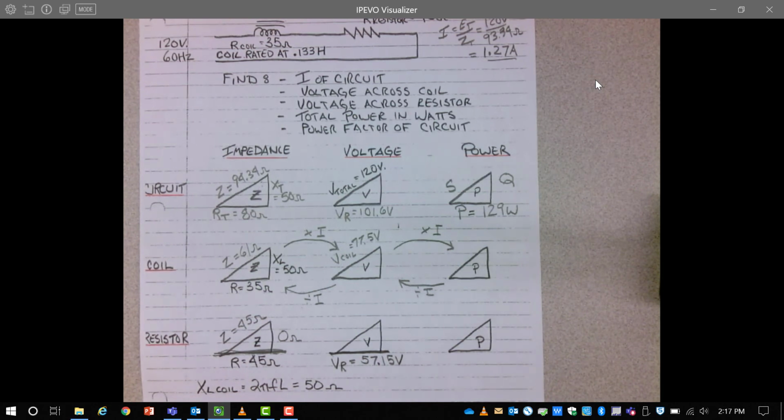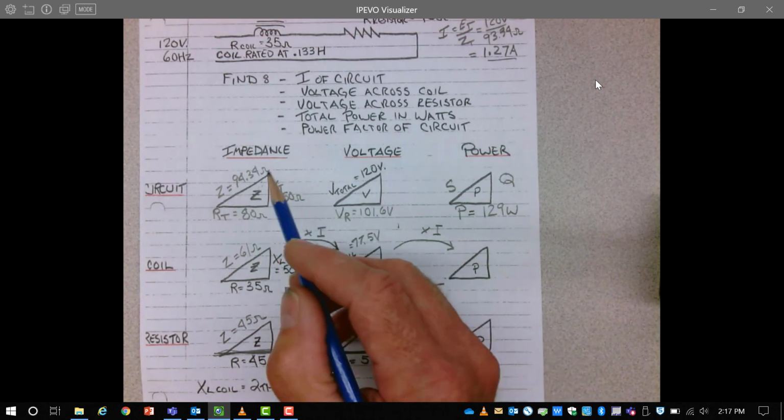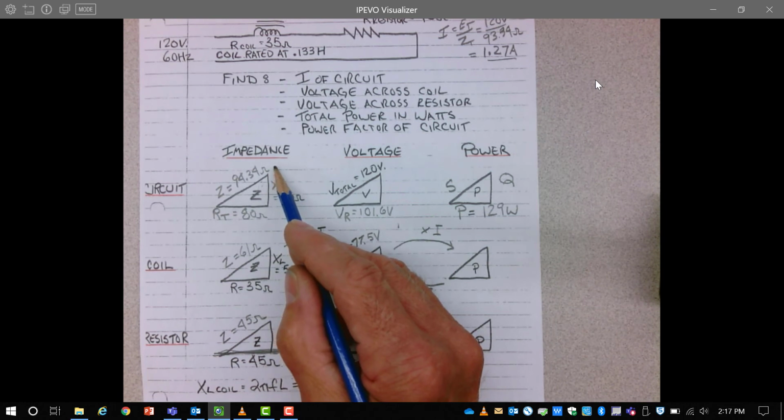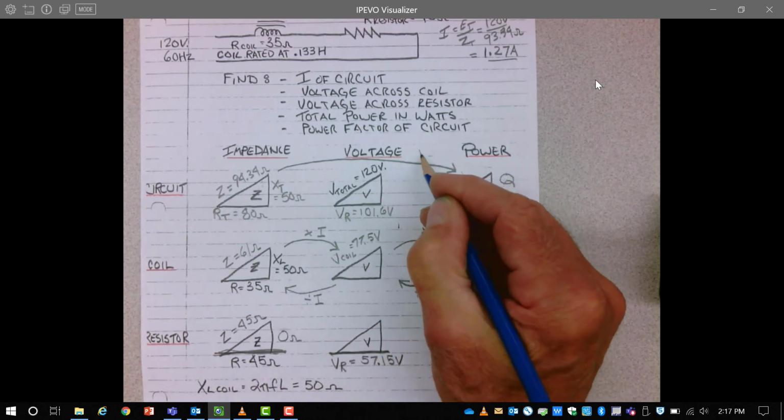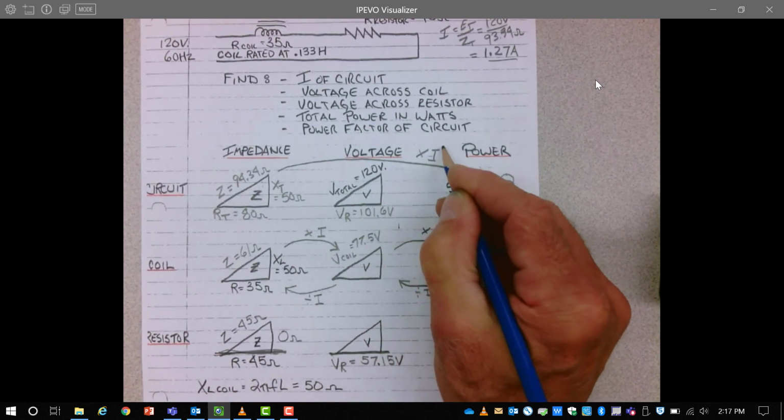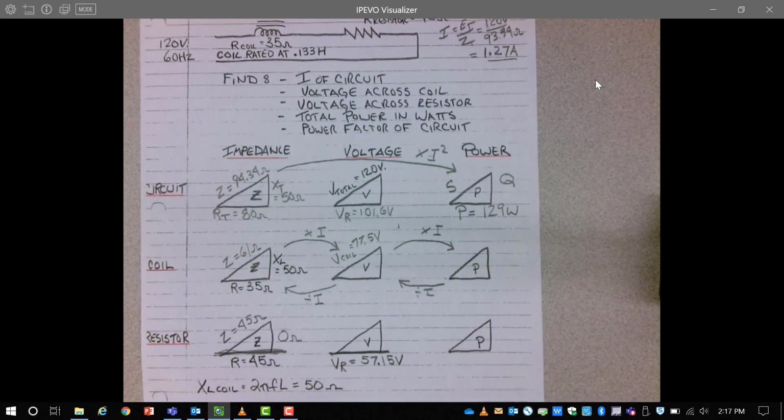Another way to find that value of power for that triangle as well is just to take the total resistance times the current squared. Any value from my impedance triangle multiplied by I squared will give me the total power of the circuit.